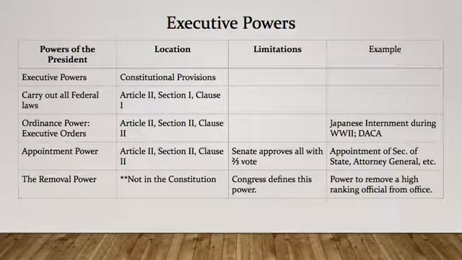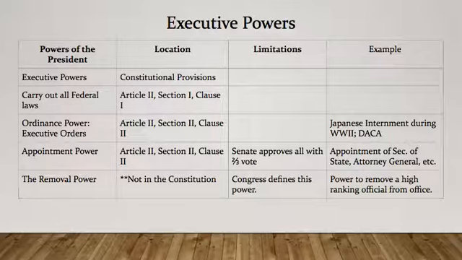The president also has powers to issue executive orders, which are orders from the president that don't necessarily have to go through Congress, but there's a gray area between whether or not they are law or what the power of the executive actually is.